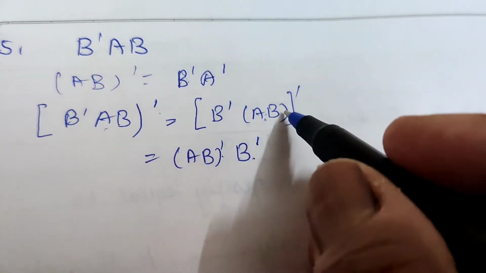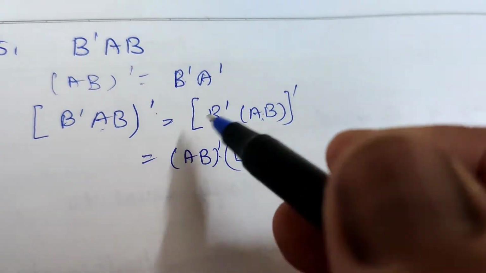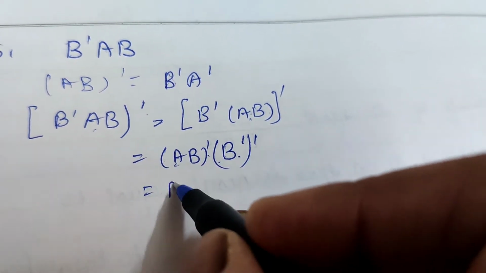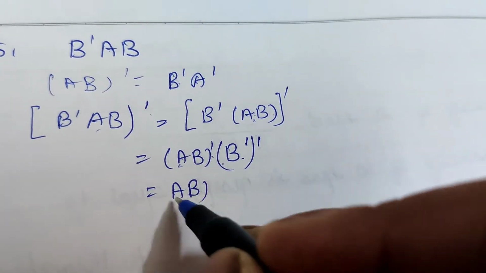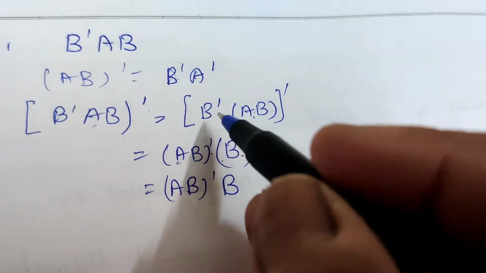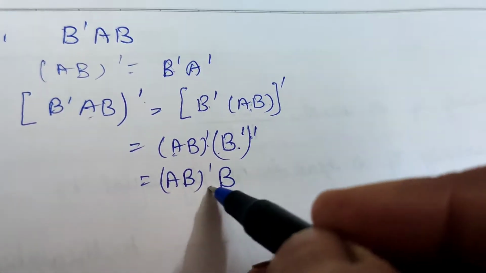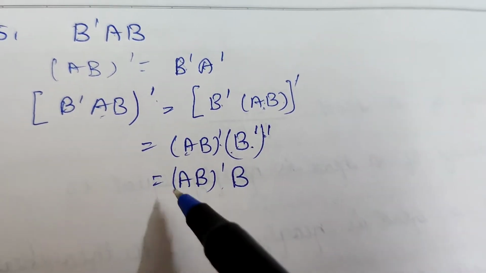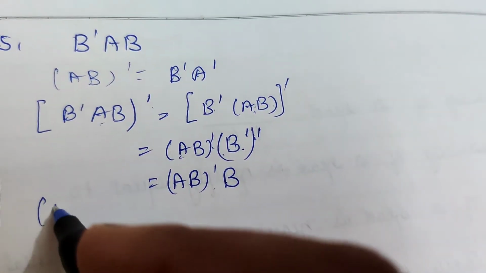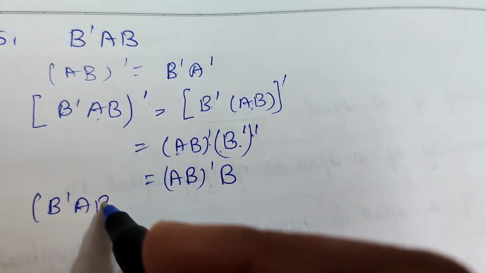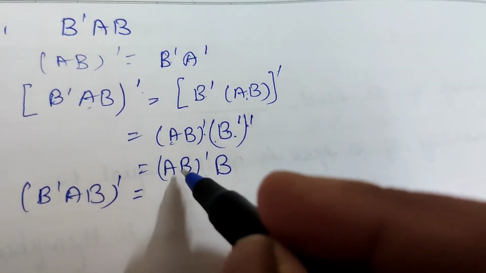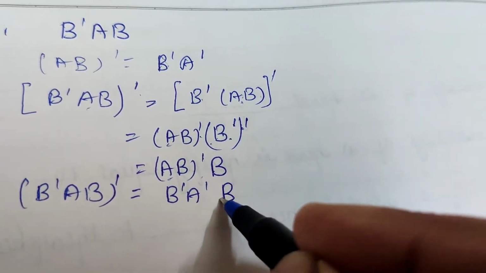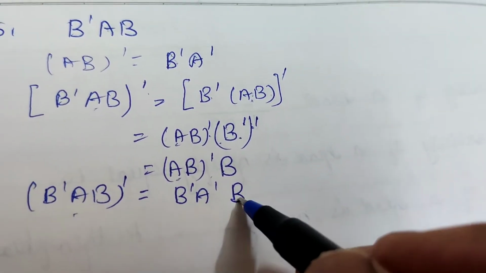Okay, and transpose of transpose of this. So we know that B dash transpose is B. Now we can say that (B dash AB) transpose equal to B dash AB. Okay, these are equal.